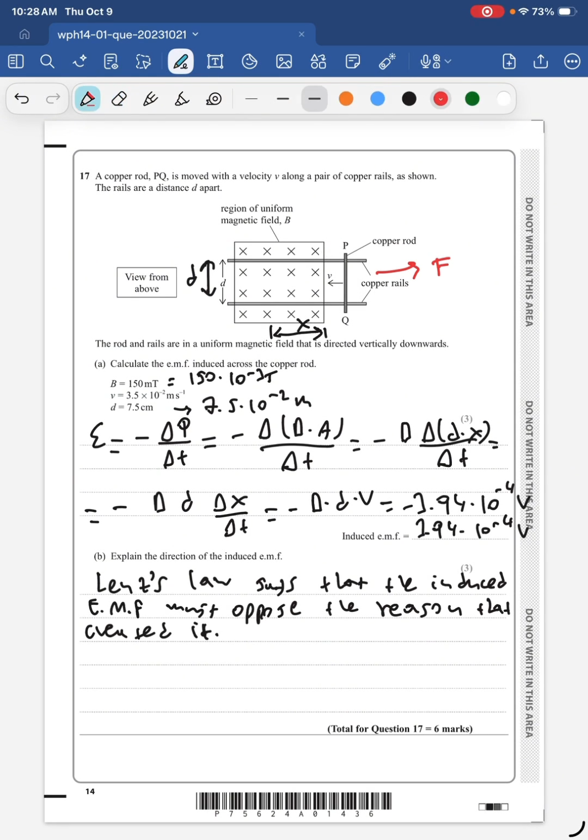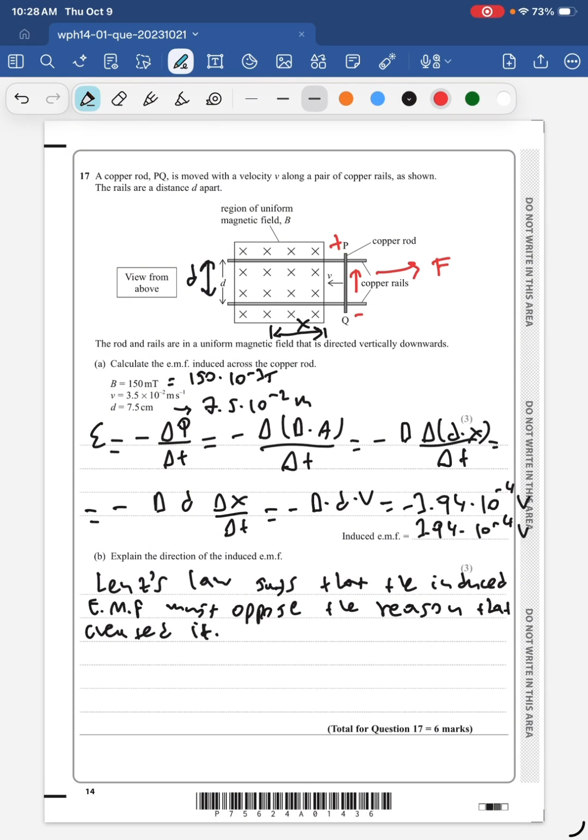So basically we have to have a current that creates a magnetic field that goes out of the page. Okay, so the current has to flow from Q to P, which means that this is the negative and this is the positive. Okay, so and that's the answer. And we ask for the direction of the induced EMF, which is kind of weird, but that's the argument.